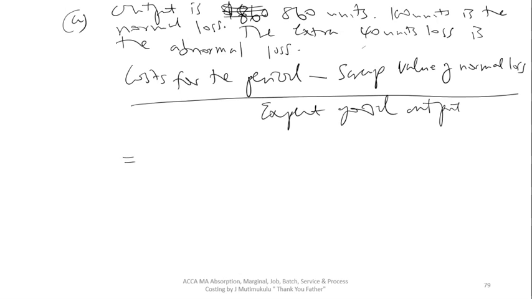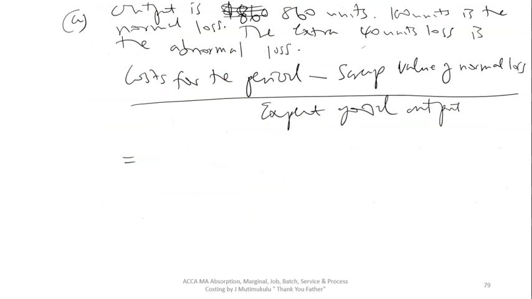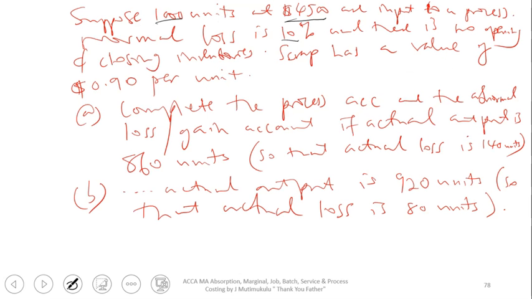The cost for the period, we are told in the question, was 4,500. So that's 4,500 minus the recovery value of the normal loss. Normal loss was 100 units, at what value? According to the question, this was at 90 cents.